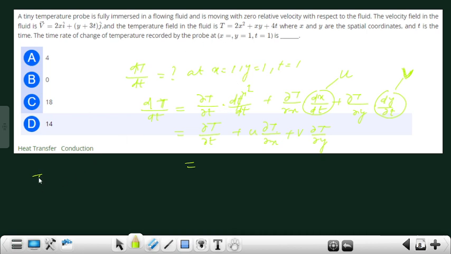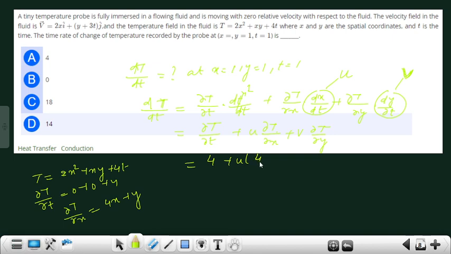So given T is equal to 2x square plus xy plus 40, del T by del t is equal to 0 plus 0 plus 0, so this is 0 plus u, and del T by del x is equal to 4x plus y, plus v into del T by del y, this is equal to x.